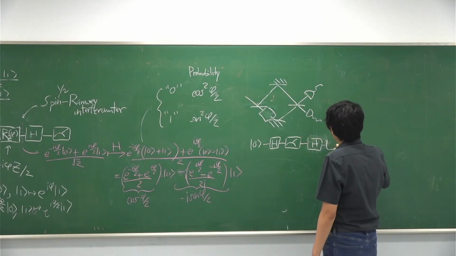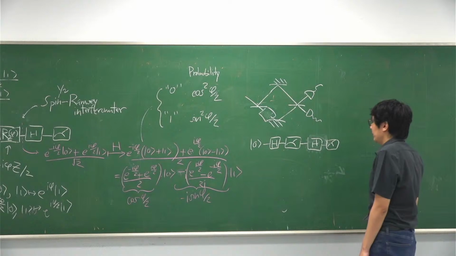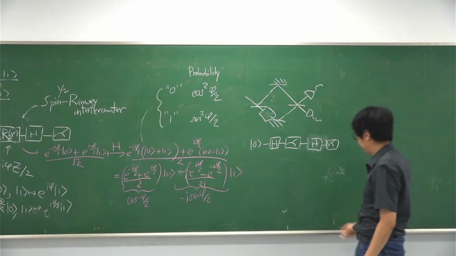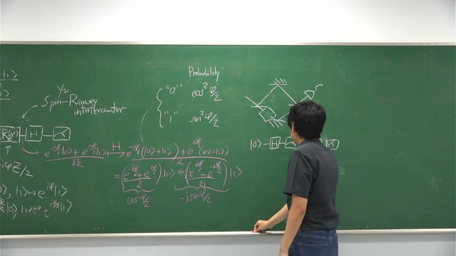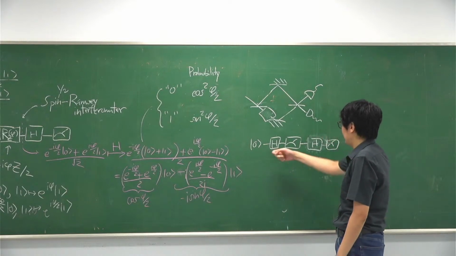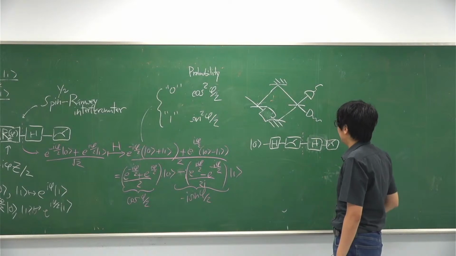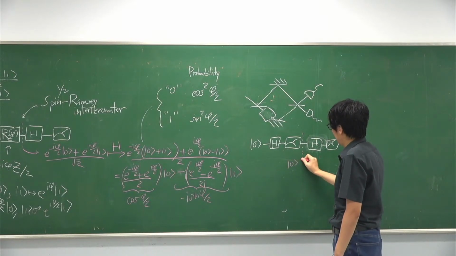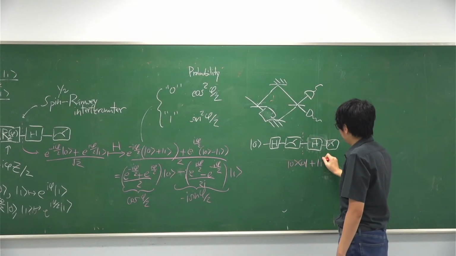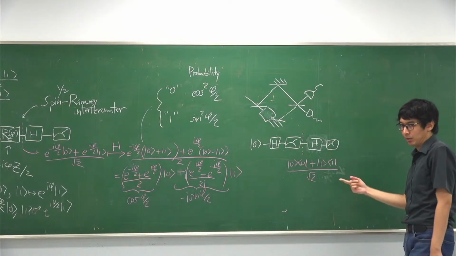After the Hadamard, you get the superposition, right? But after the measurement, the state is either 0 or 1.